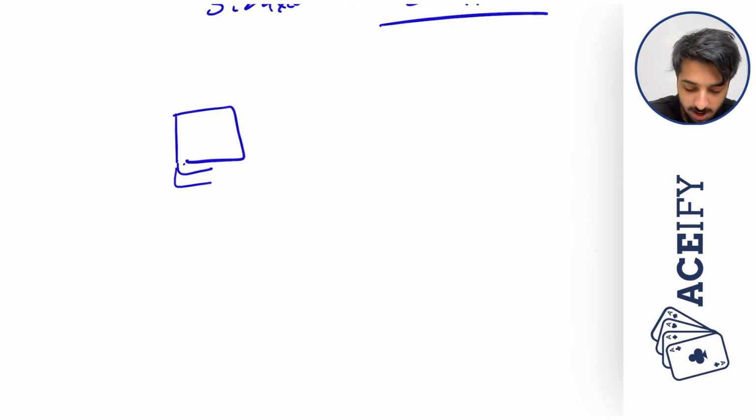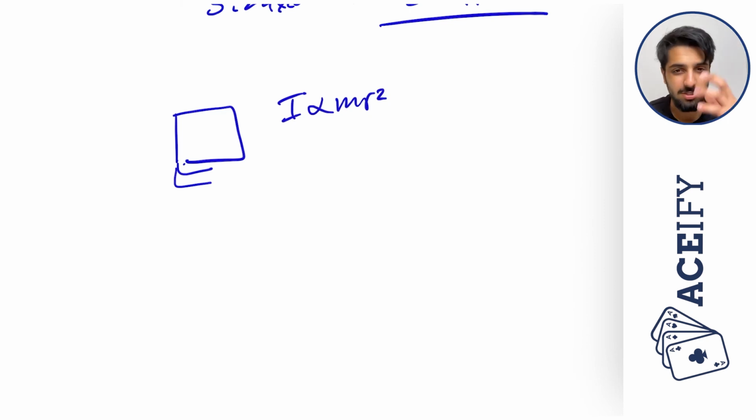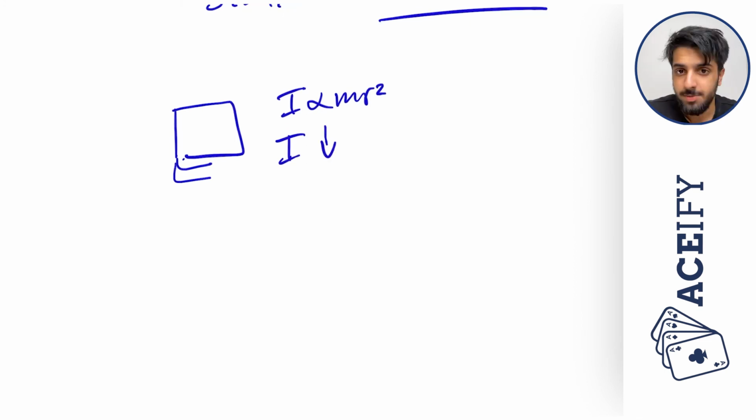We know that I is equal to mr squared, or in this case, it's not actually equal to, it's directly proportional to. What that means is there is a constant in front that we don't know of, but that's not needed for this question. And so if our radius decreases, that means our rotational inertia will decrease as well. So the effective radius is decreasing because more of our mass is closer to the axis of rotation, aka the center of mass.